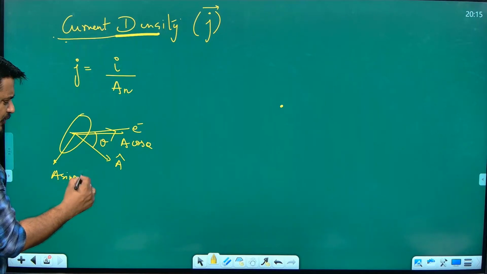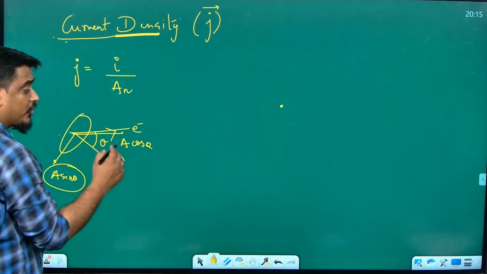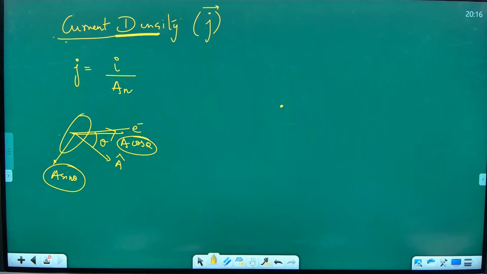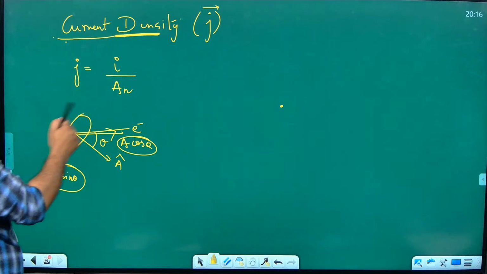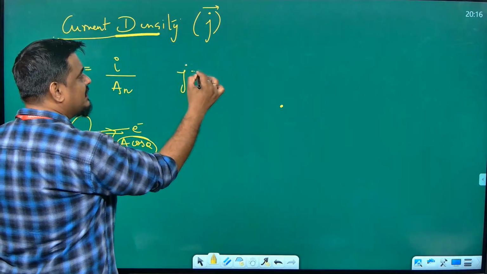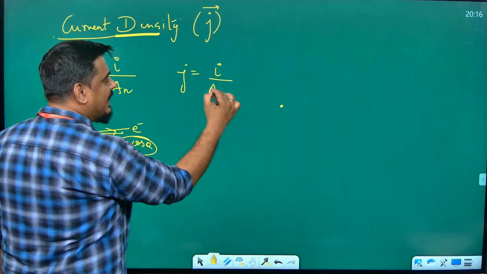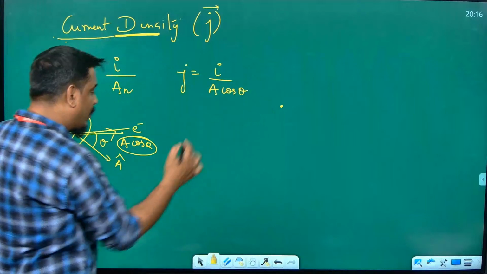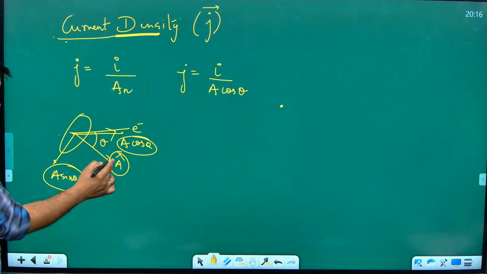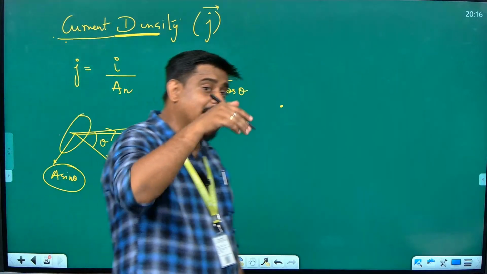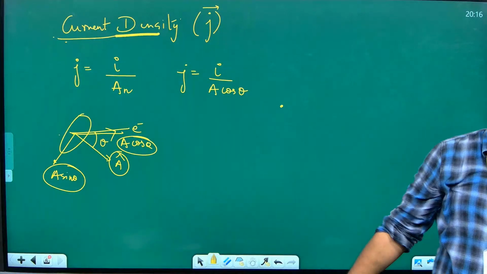A sin theta is of no consideration because we are going to bother only about the A cos theta. Same thing we did in the case of flux also. So can I write that J is equal to I by A cos theta? Now what is A? A is the area vector here. Area vector is the area drawn perpendicular on a particular area.